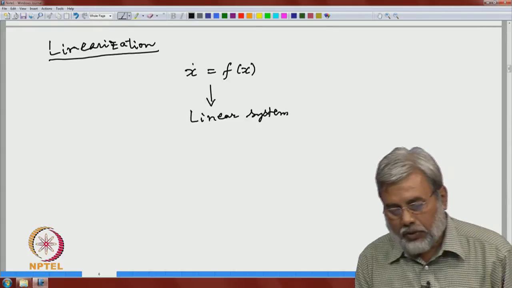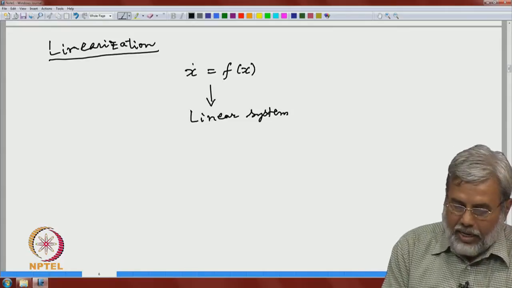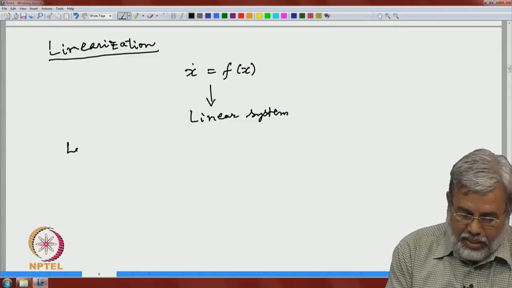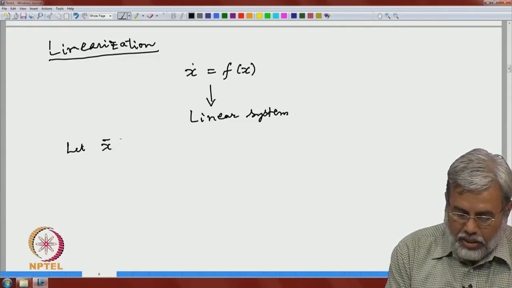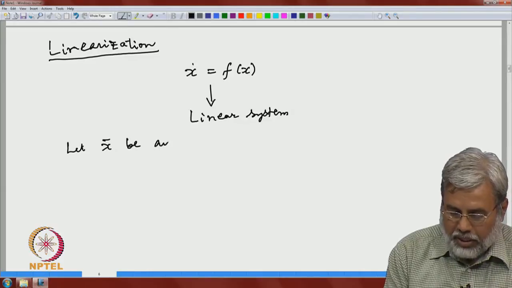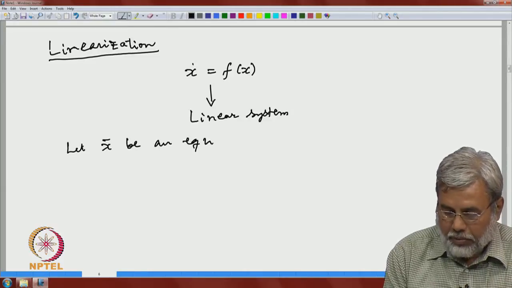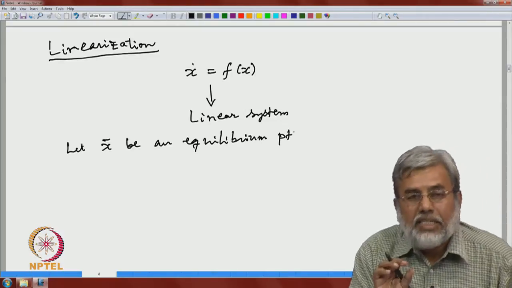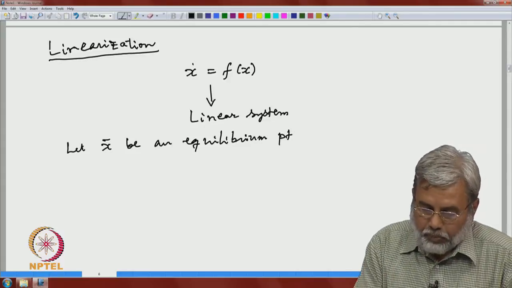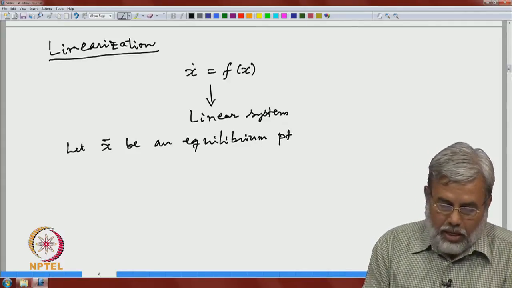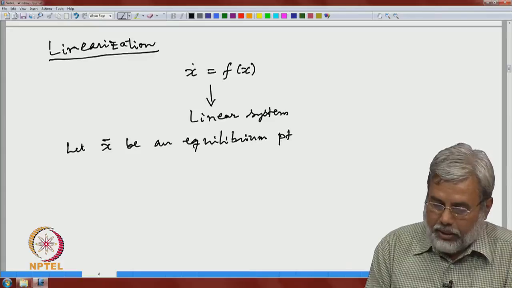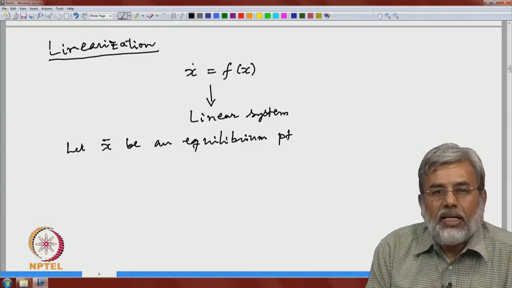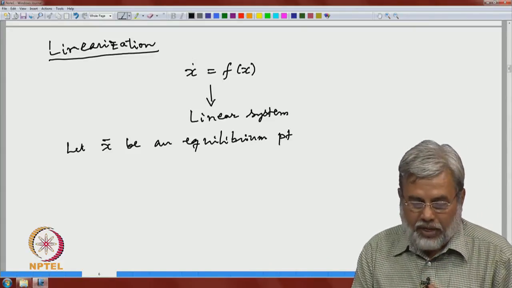Remember our interest: let x bar be an isolated equilibrium point, and we want to examine whether x bar is stable or not.